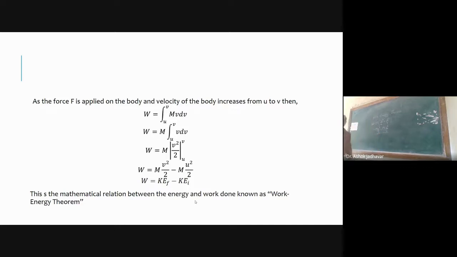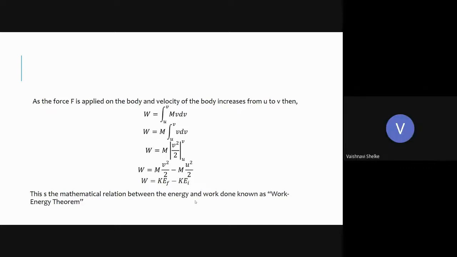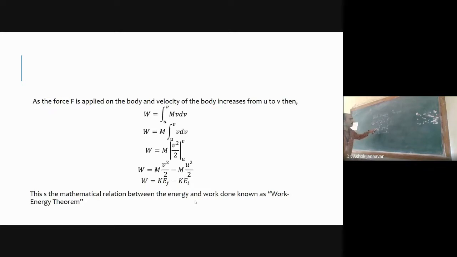Am I correct? Yes, sir. And as we have said, this v is a final velocity. So the velocity corresponding to this term is final velocity, so kinetic energy will be final kinetic energy, minus, u is our initial velocity, so this term is initial kinetic energy.